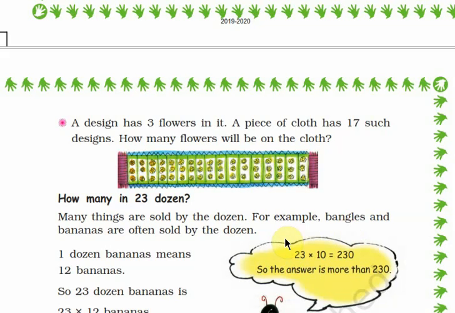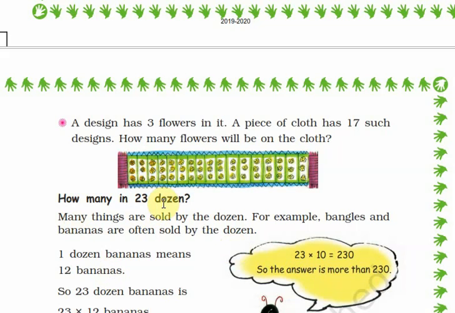And bananas are also often sold by the dozen. When you approach the fruit seller, they will say 20 rupees for 6 bananas or 40 rupees for 12 bananas, like that. So usually these bananas and bangles are mostly sold in dozen, but in some cases bananas are sold by weight also.